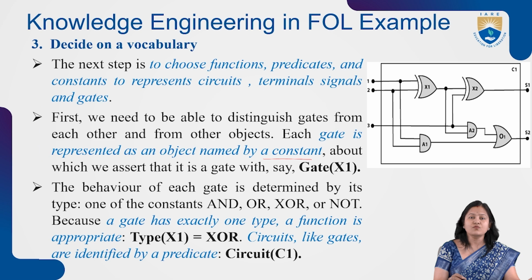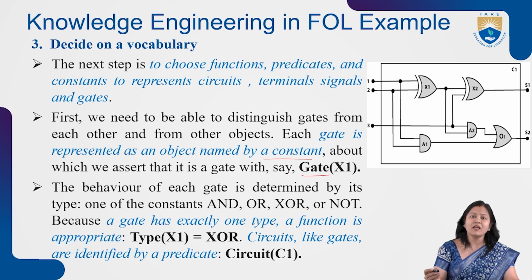So we will use one constant name. Let the name be gate x1. So GATE is the name of the constant, and that constant is meant for a gate. Similarly I can write gate x2, gate A1, gate A2, gate O1. So like this we can write. All these gates are nothing but constants, each meant for a particular gate.